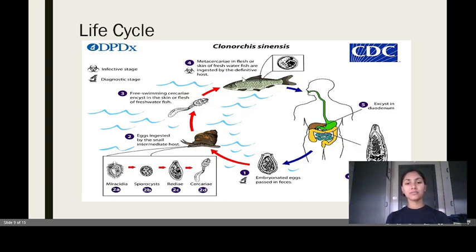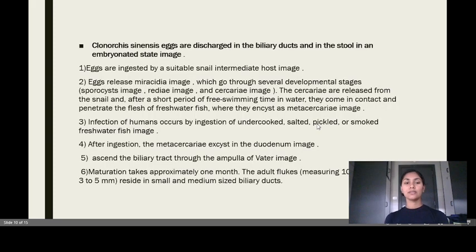The freshwater fish ingests that, and after that, the human eats the uncooked fish. Then the Clonorchis sinensis enters the liver of the human. So that's basically the life cycle.